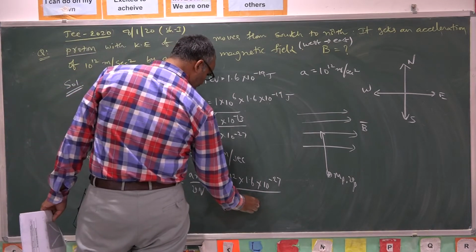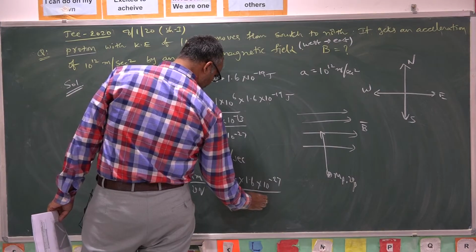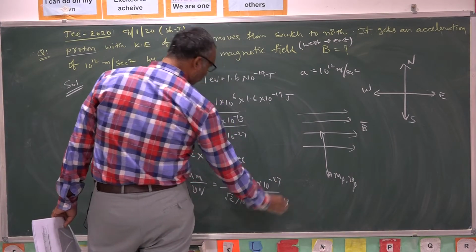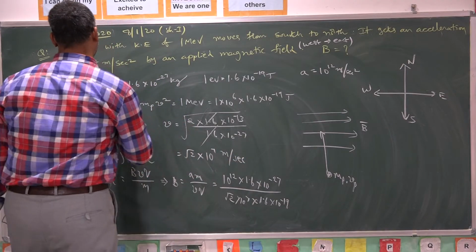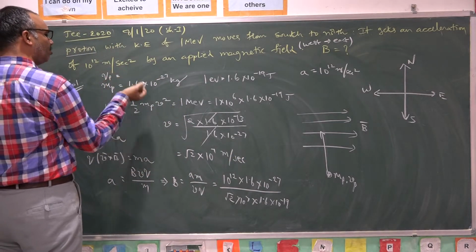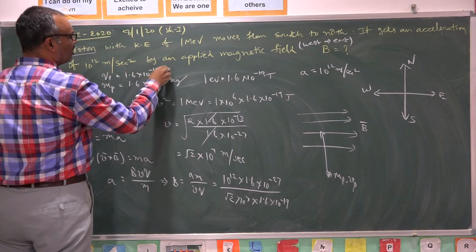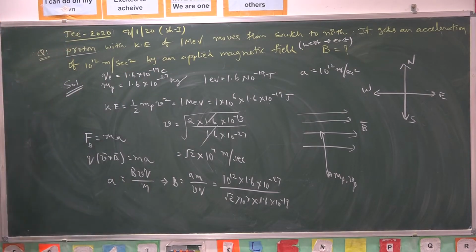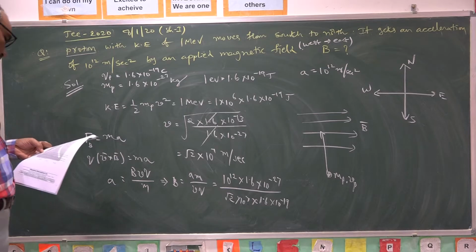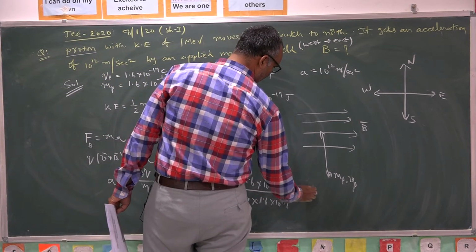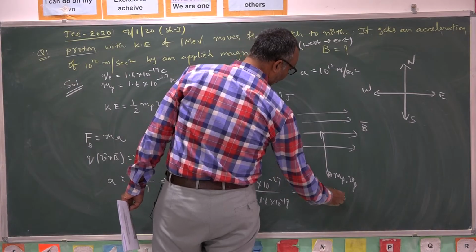Charge on the proton is 1.6 into 10 power minus 19 coulombs. Charge of proton is nothing but the charge of electron. This is positive charge. We need to simplify this to get the B value. On simplification, you will get B value as 0.71 into 10 power minus 3 Tesla.